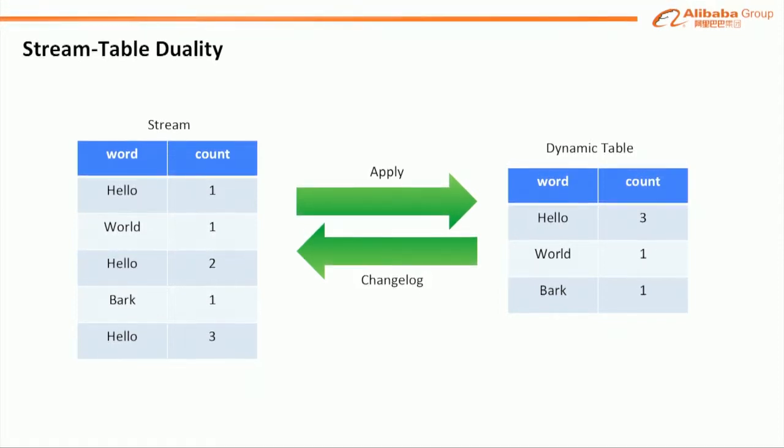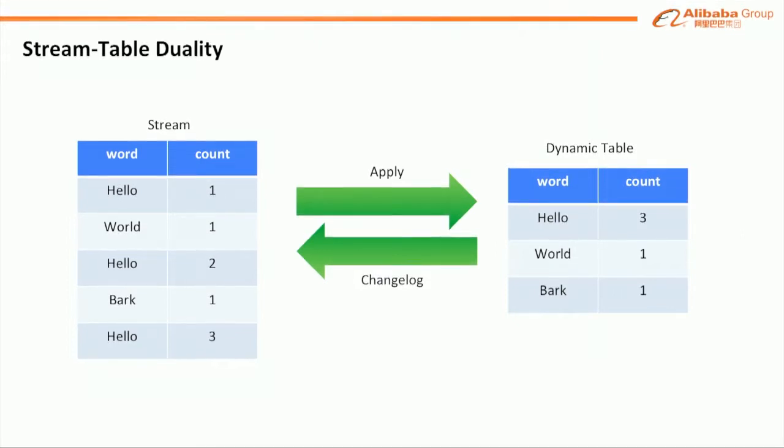And on the other hand, if you have a dynamic table, you can derive its changelog as a stream of events. So if you get a stream, you apply its changelog to the dynamic table, and derive its changelog, you get another stream. The interesting thing about this is these two streams are the same or equivalent.